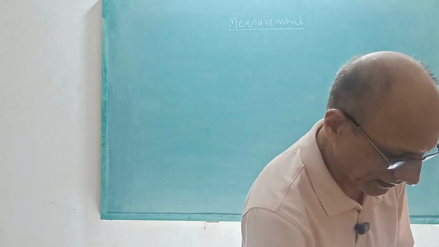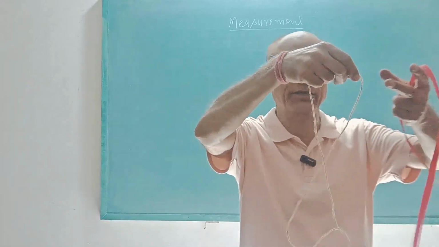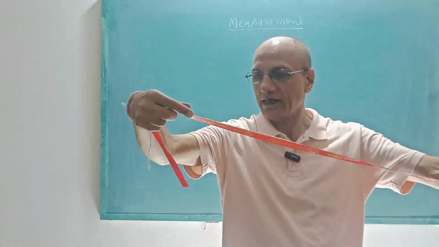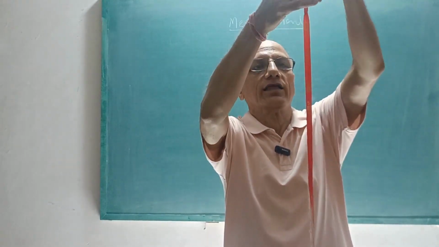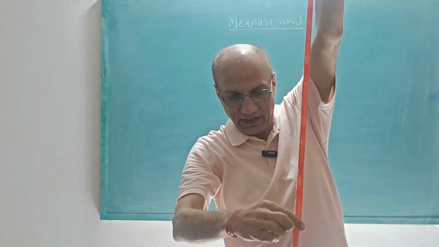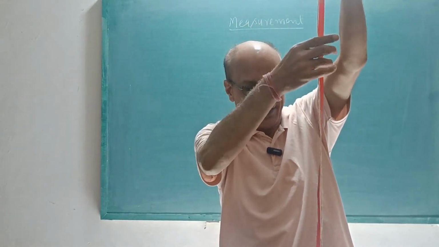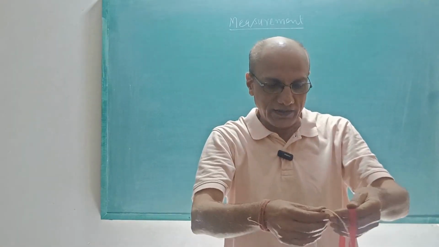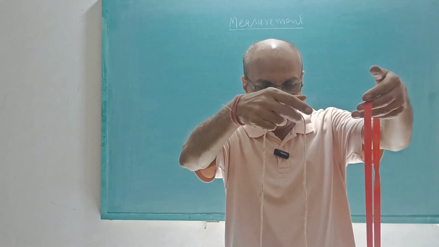A similar thing we can come to know with this thread and this ribbon. Now see, it is very clear now. This red ribbon is longer. No, it is not longer. When I was holding it like this, it appeared that this red one would be longer.